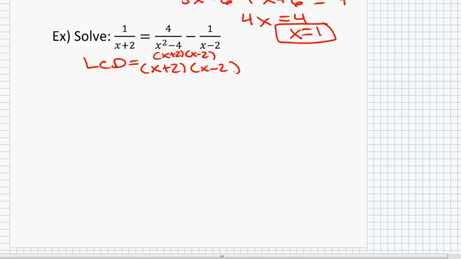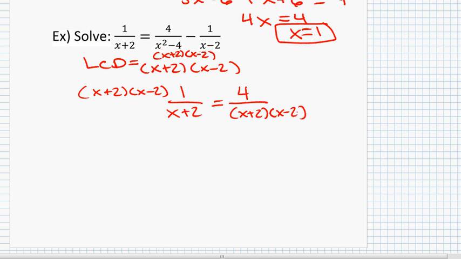So you go ahead and multiply by x plus 2 and x minus 2. Then notice that you start crossing out.